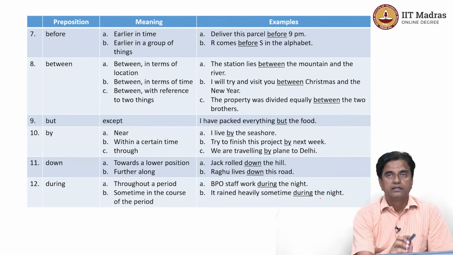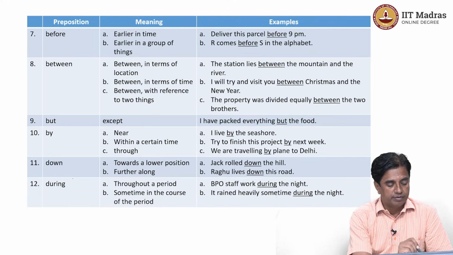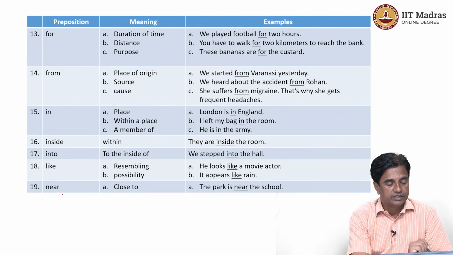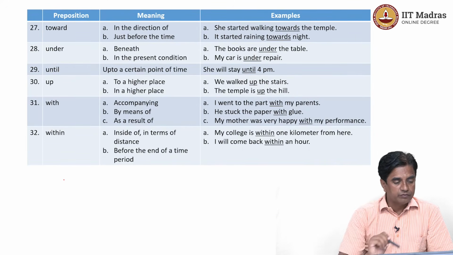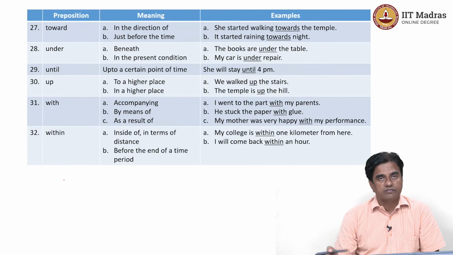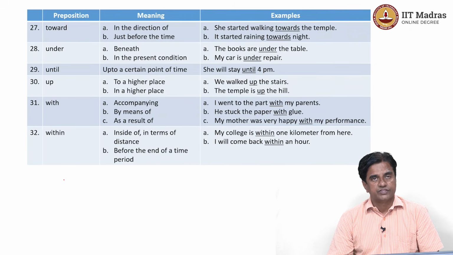We have also described before, between, but, by, down, during, for, from, in, inside, into, like, and near. So we are giving you an exhaustive list of roughly 32 prepositions with the context.